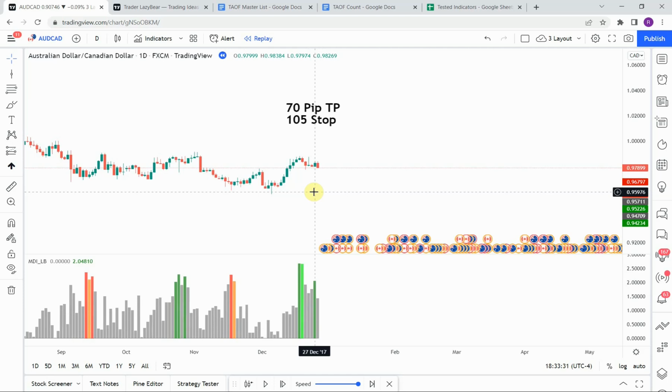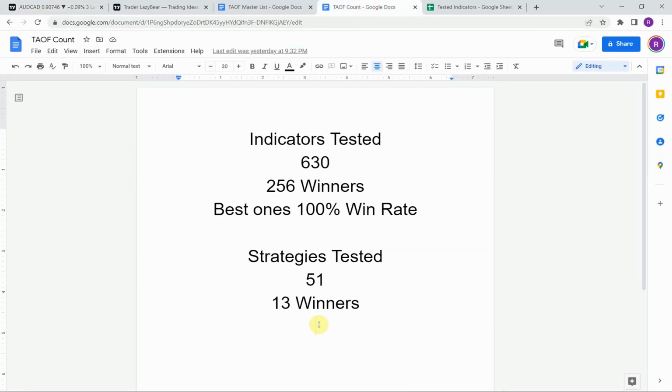Alright, as I said, today we will be testing the market direction indicator. Before we do though, I wanted to put the testing scoreboard up for everyone to see. So to date, we have tested a total of 51 different strategies, with 13 of them being profitable. We've also tested a total of 630 indicators, with 256 of them being winners.